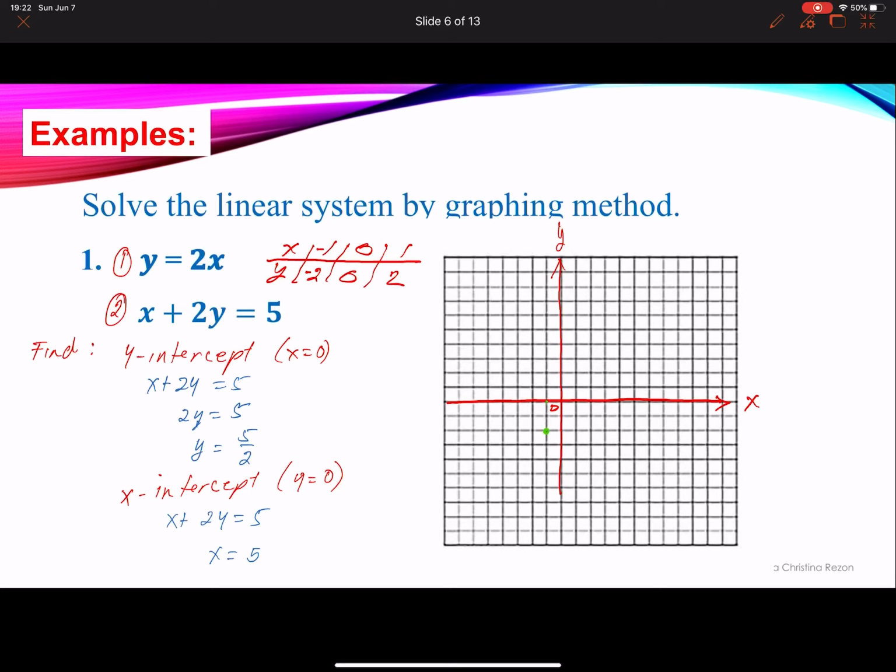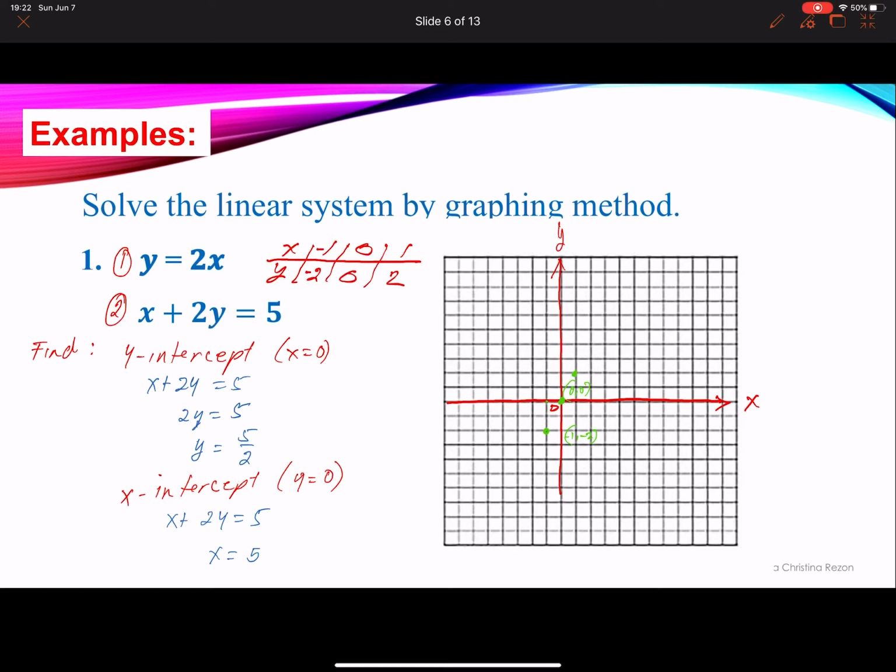And that is -1, -2. Then you have 0, 0. Okay, that is just the origin. And then you have 1, 2. 1, 2 is this point here.